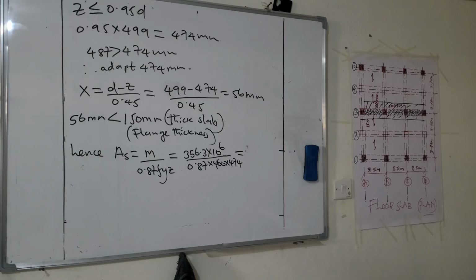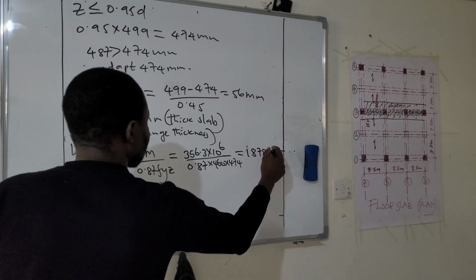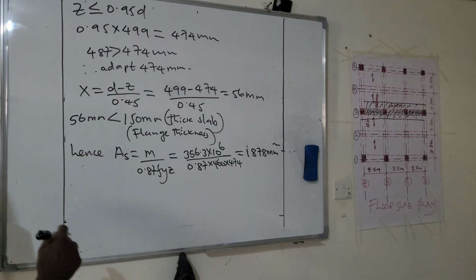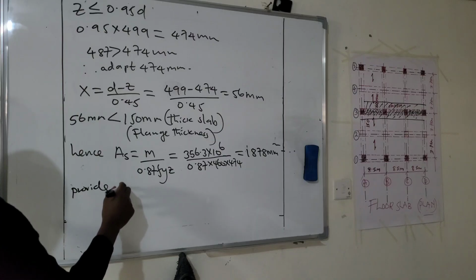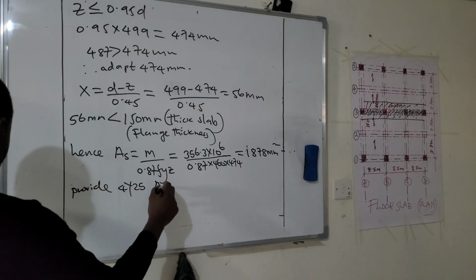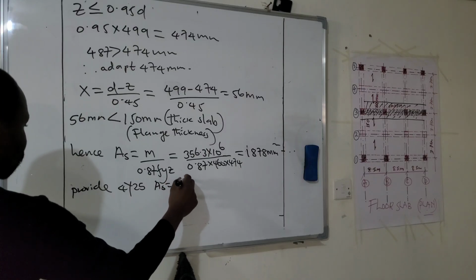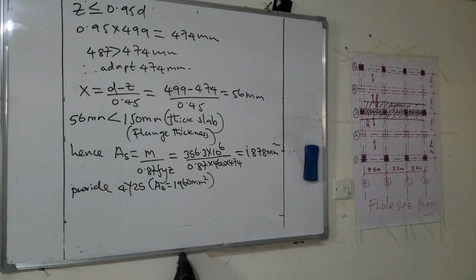So the area of steel is equal to 1878 millimeter square. So hence from the table provide 4Y25, area of steel is equal to 1960 millimeter square. I hope you know how to read this from the table. I think I have done it several times, so you can do it for yourself for practice.